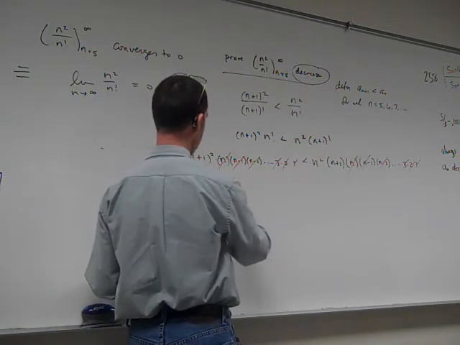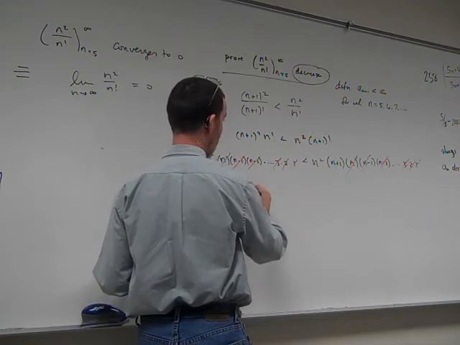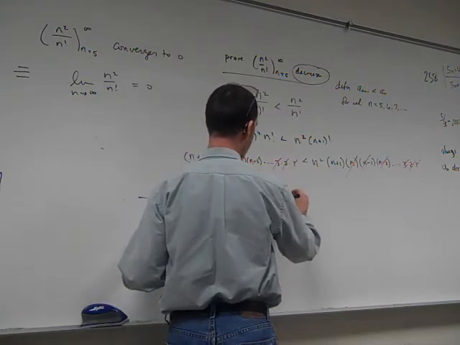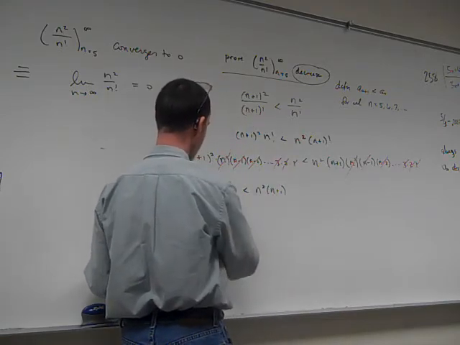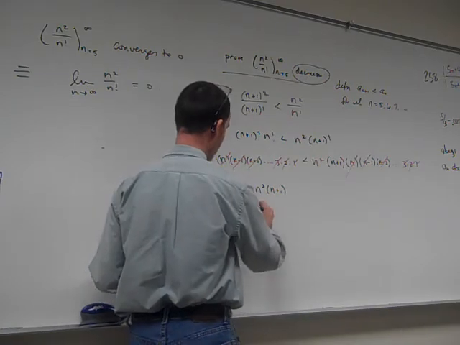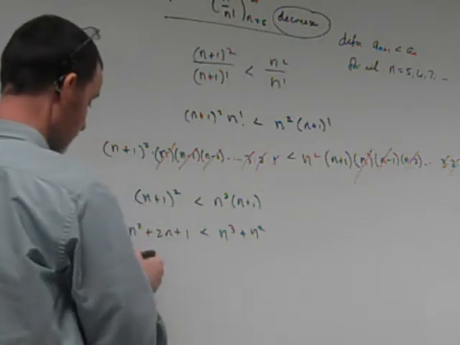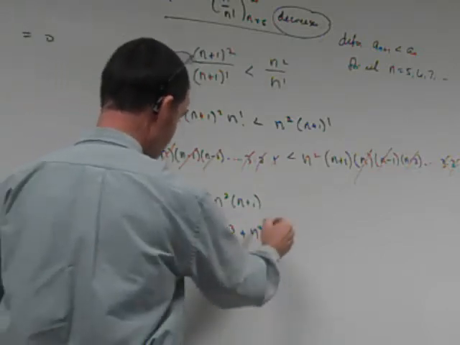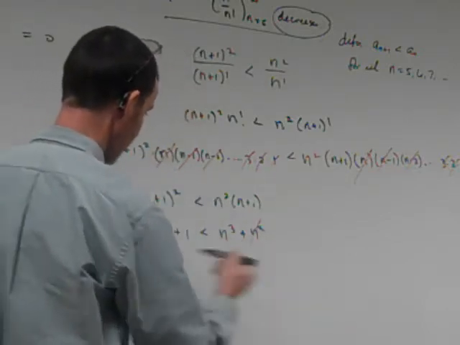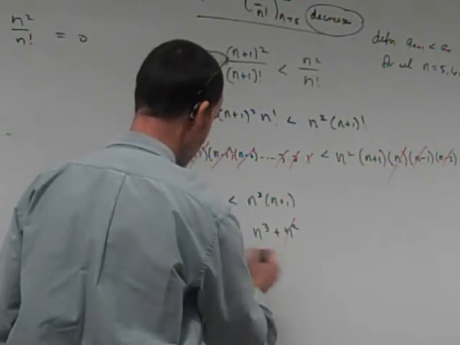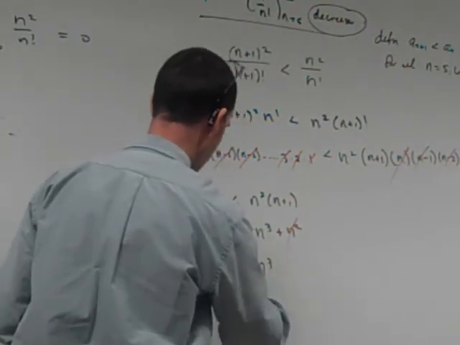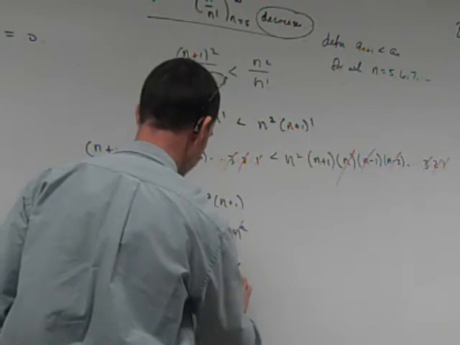I'm left with n plus 1 squared less than n squared times n plus 1. Well, it's not obvious to me if that's true or not. n squared plus 2n plus 1 less than n cubed plus n squared. Cancel again. This one I wouldn't give you on a test, but because you're going to have trouble showing it, I'll do it.